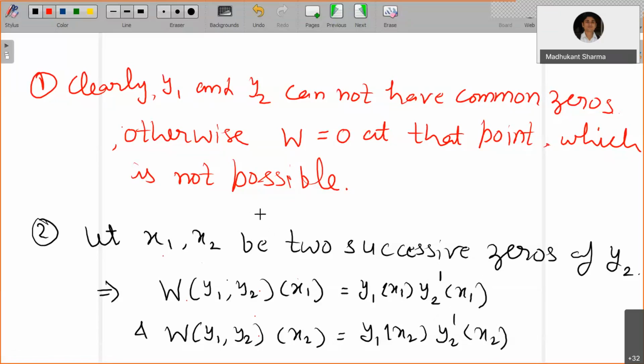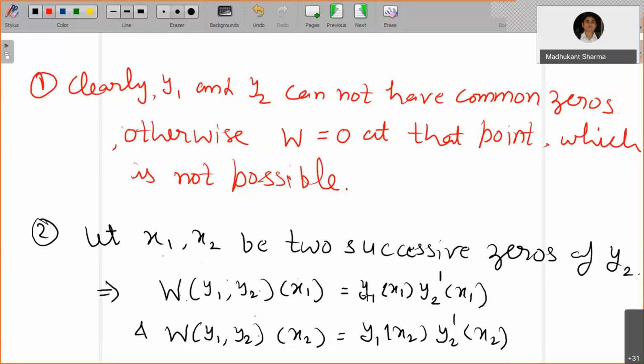So this gives that y2 dash at x1 and y2 dash at x2 will have opposite signs, because they are successive zeros of y2. Since W has constant sign, now you can multiply these two, W at x1 into W at x2.